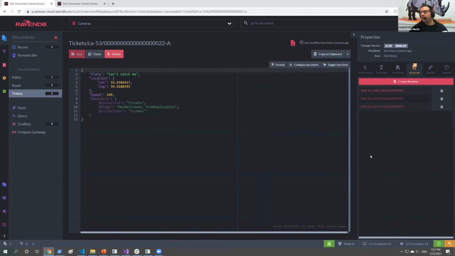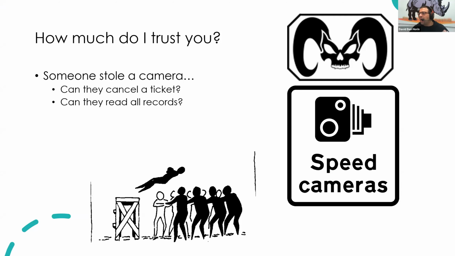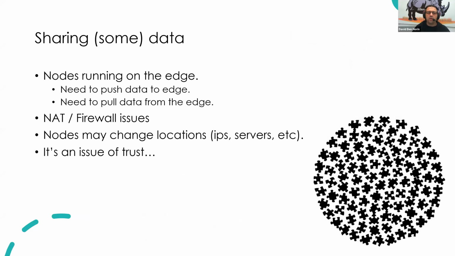So the whole idea is that because we have independent clusters which don't trust one another, we can control that very nicely. Furthermore, and that's really important, the fact that we are running in this manner also solves a lot of issues from a technical perspective.